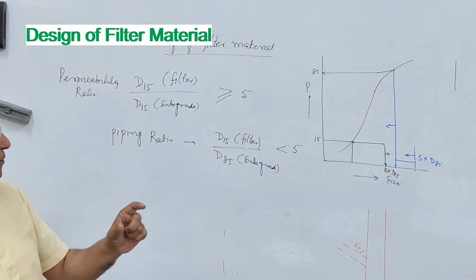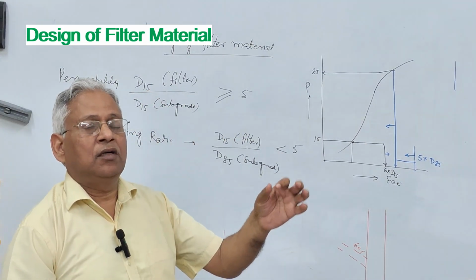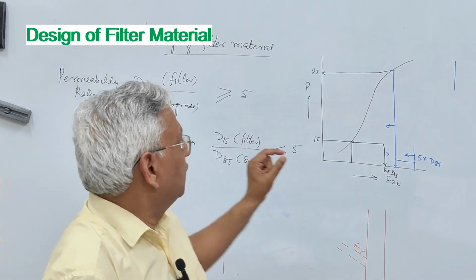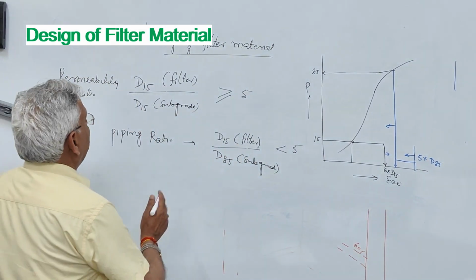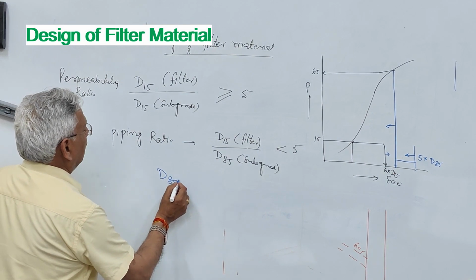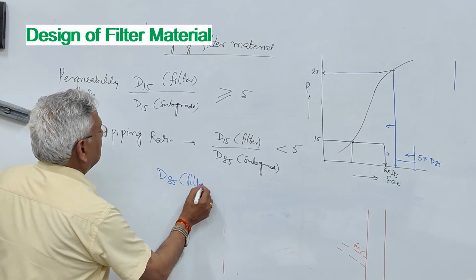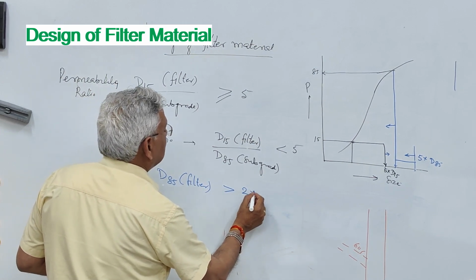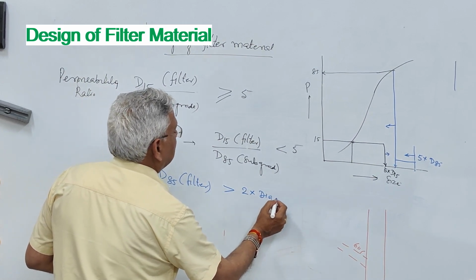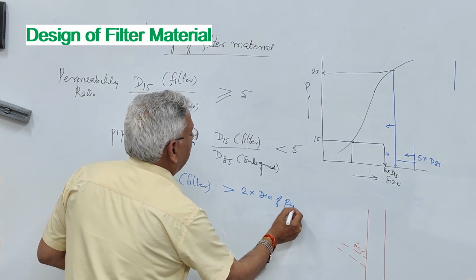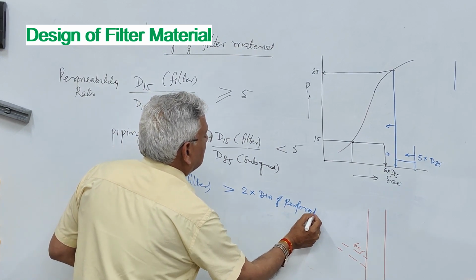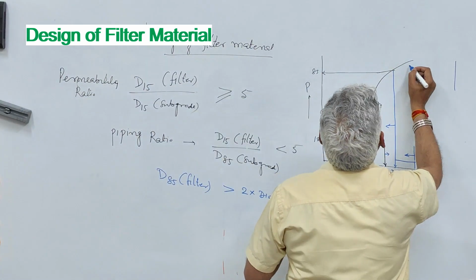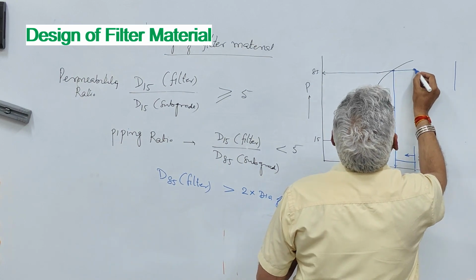Another criterion is that this filter material should not penetrate or migrate into the perforated pipe. Therefore, the D85 size of the filter material should be equal to or more than 2 times the diameter of the perforation in the pipe. So here you can put a point that D85 should be 2 times.